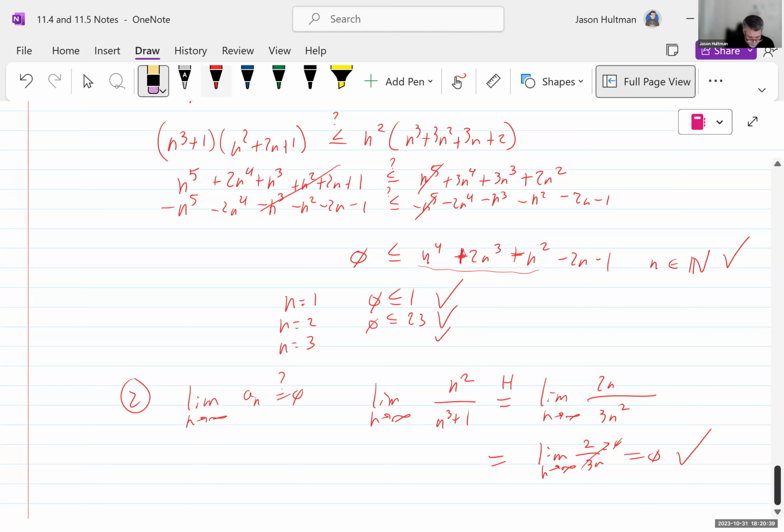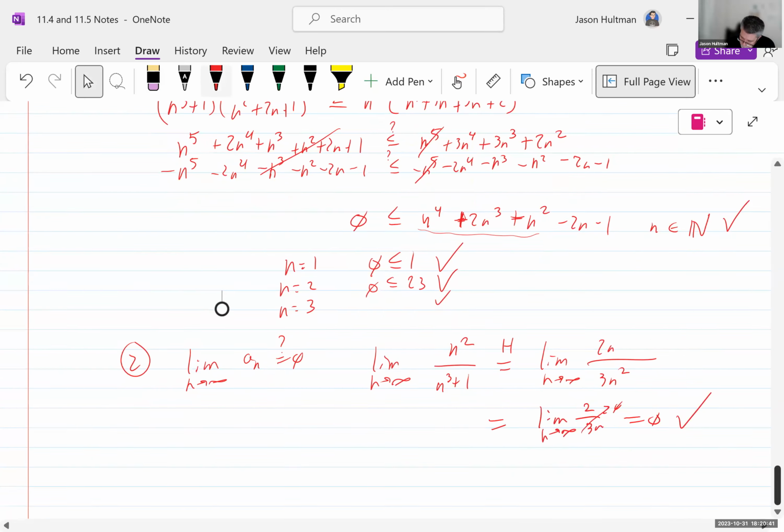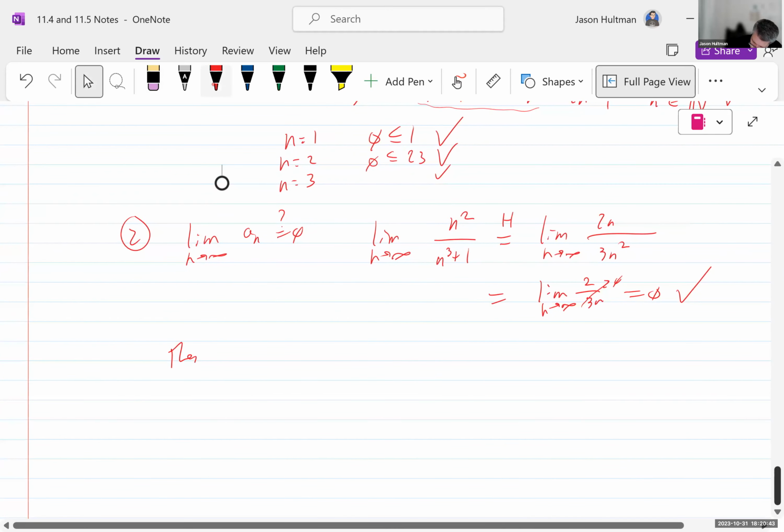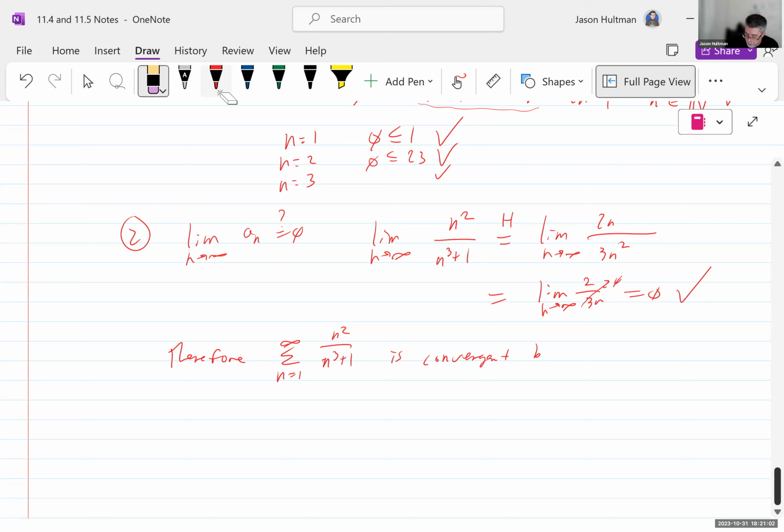So therefore, the series n equals 1 to infinity of n squared over n cubed plus 1 is convergent. Oh, whoops, I forgot that it has to alternate. It would not be convergent if it didn't alternate.